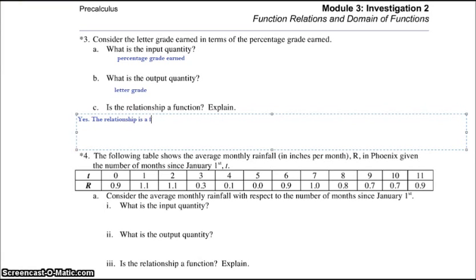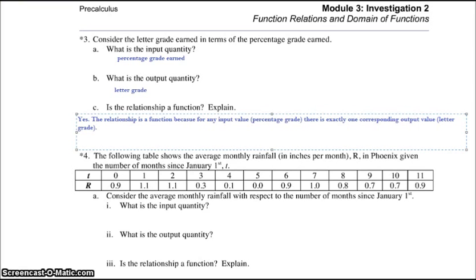The relationship is a function because for any input value, which is a percentage grade, there is exactly one corresponding output value, which will be the letter grade.